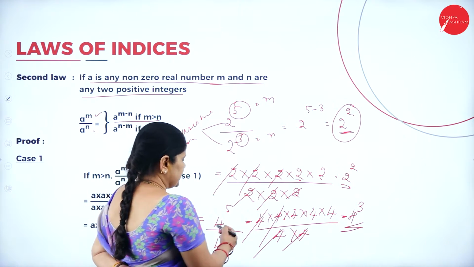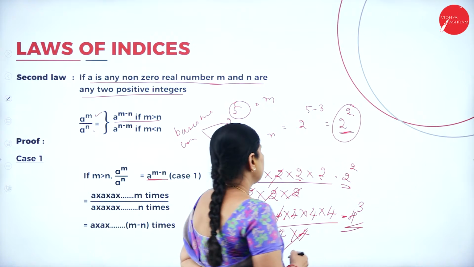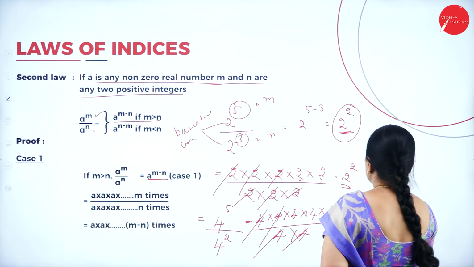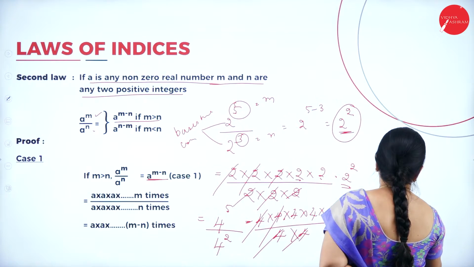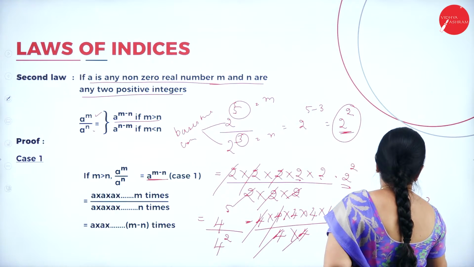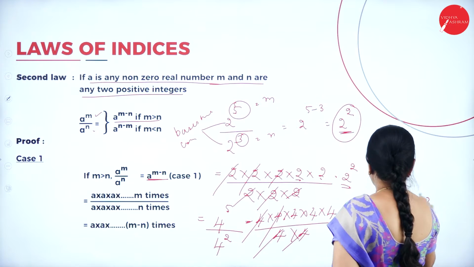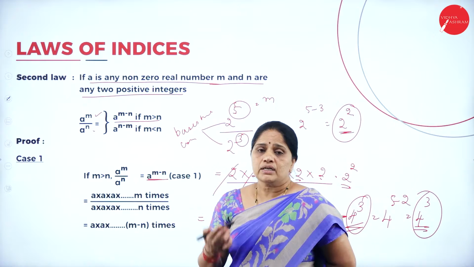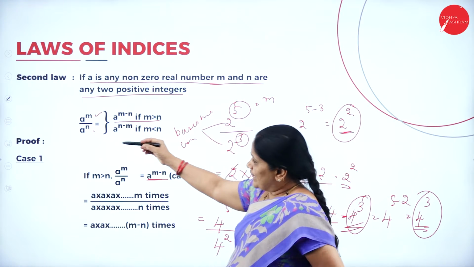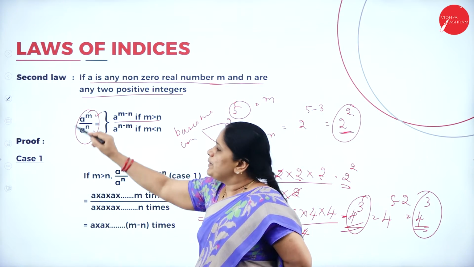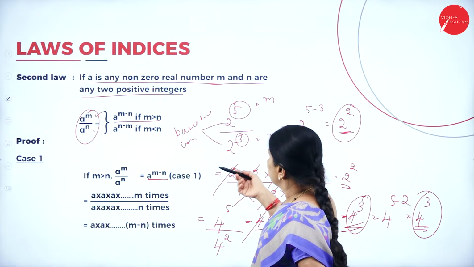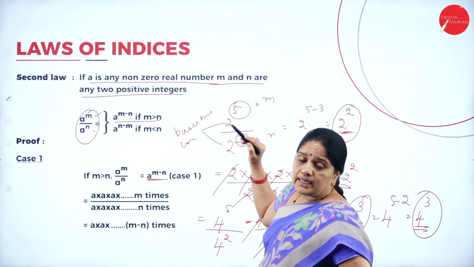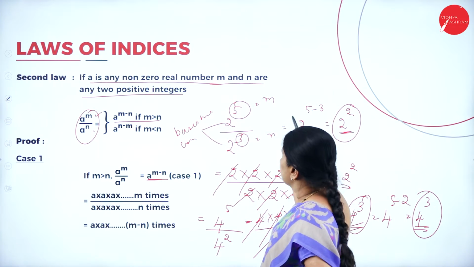So in other words, if I apply this law of indices, I can simply write 4 to the power of 5 minus 2, that is 4 to the power 3. I am getting the same result. So whenever you have to divide two numbers with powers, the best way is to just deduct the power from the greater one.